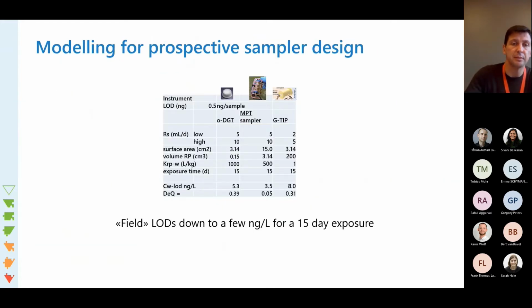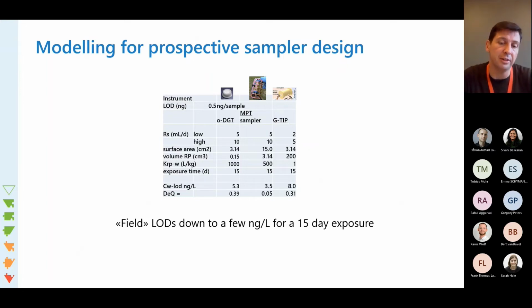So doing a tiny bit of very back of the envelope modeling, here we have our LOD analysis of a nanogram per sampler. We've got this range of reported sampling rates that are between 5 and 10 mL, 2 to 5 for the G-tip, mL per day sampled, from the surface area volume, and an exposure time of 15 days.